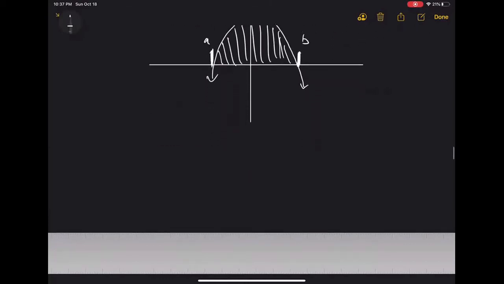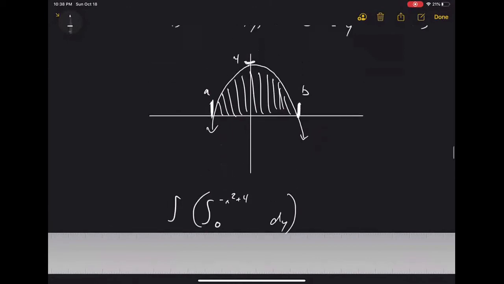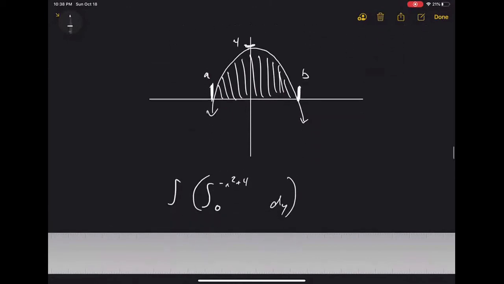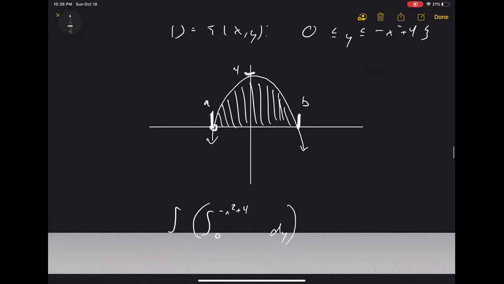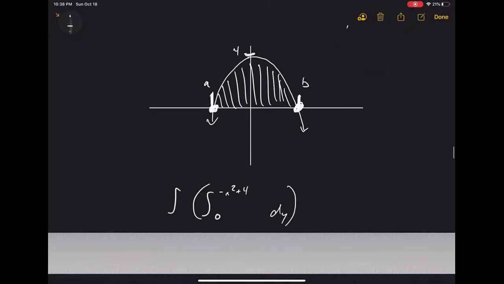I know I'm going to set up my y integral as negative x squared plus 4, and then 0 here. So that's my dy. What are my x bounds? How do I find that? Well, I need to find these intersection points. What am I intersecting? I'm intersecting this curve, negative x squared plus 4, with this line, y equals 0.